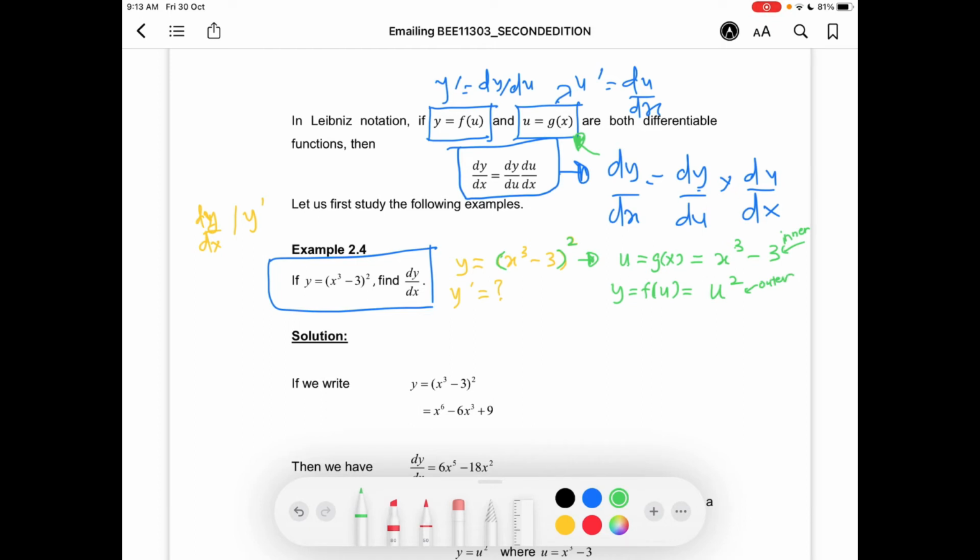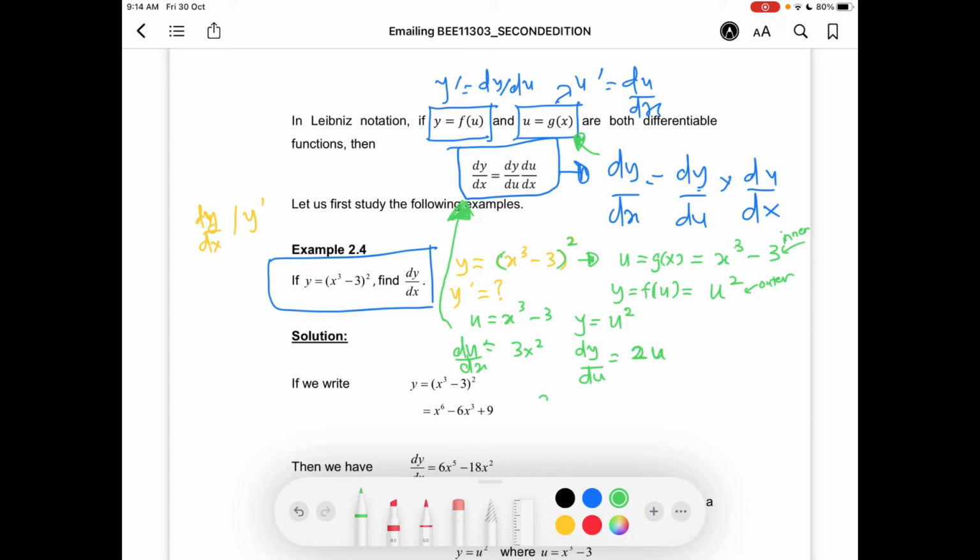Now I'll show you if we are using this formula. So if you want to use this formula, again I write down u is actually x cubed minus 3, y is u squared, so u prime or du over dx is actually 3x squared, whereas dy over du is 2u.